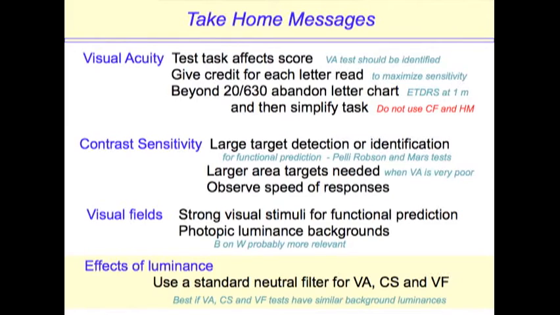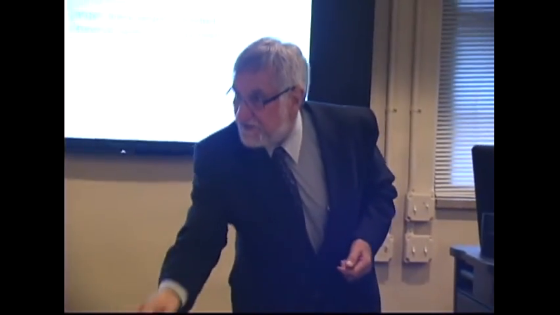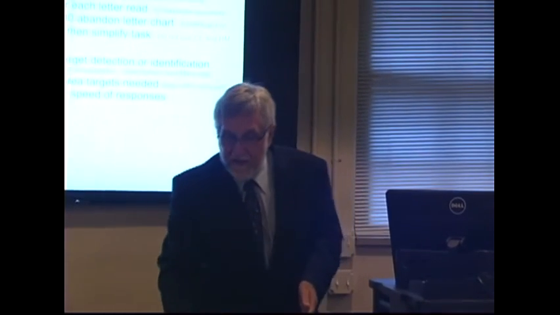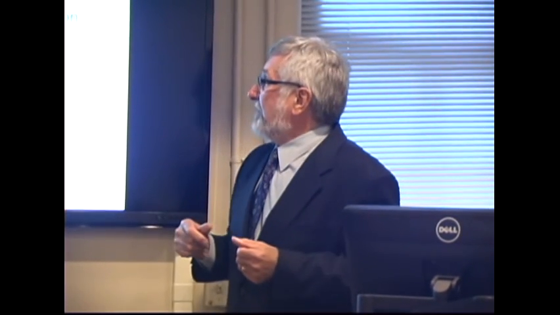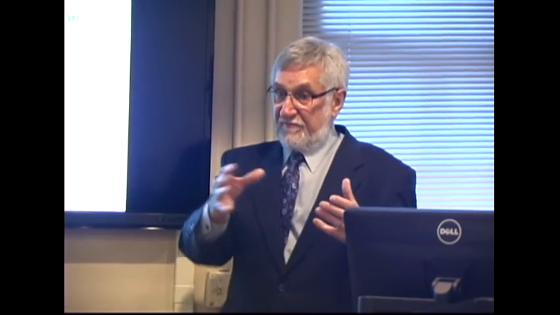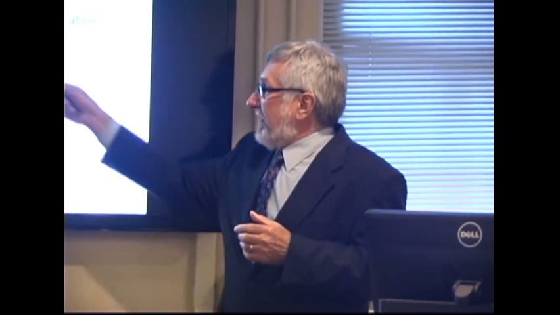With contrast sensitivity, to best predict functionality, you should be using large targets with sharp borders, so having the large letters that are on the Pelli-Robson chart or the large angular sized letters on this chart where you hold it at 40 centimetres, they're pretty good tasks, I think, for functional prediction. But you might need larger targets when the visual acuity is very poor, and we like our birthday tests for that. And looking at the speed of response is also relevant to understanding how the person is going to operate.